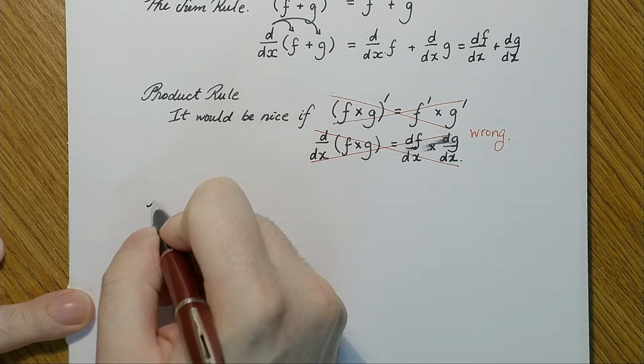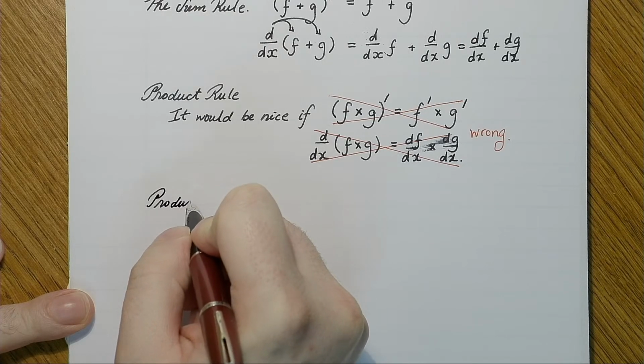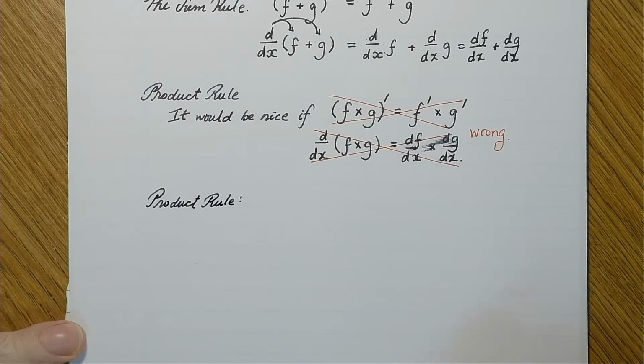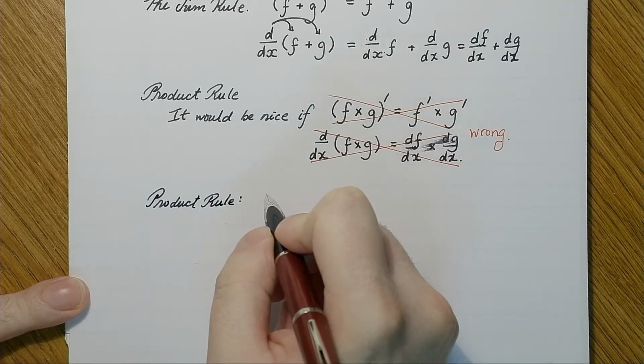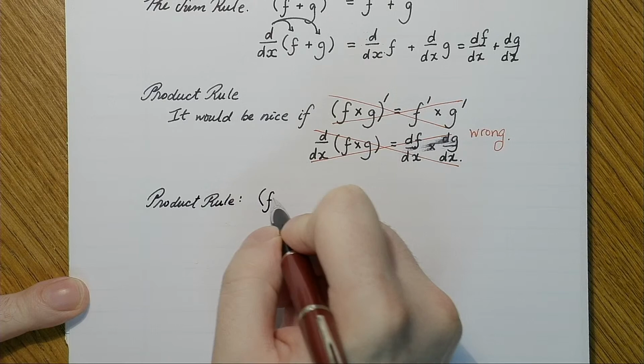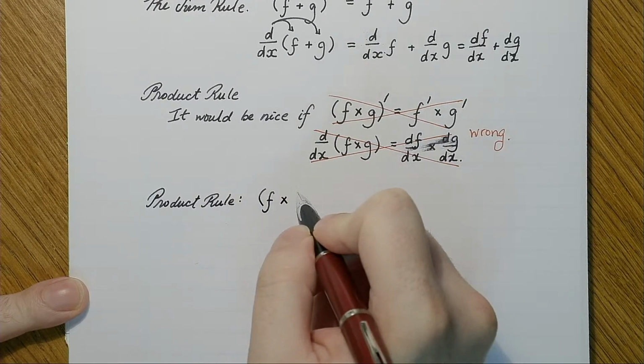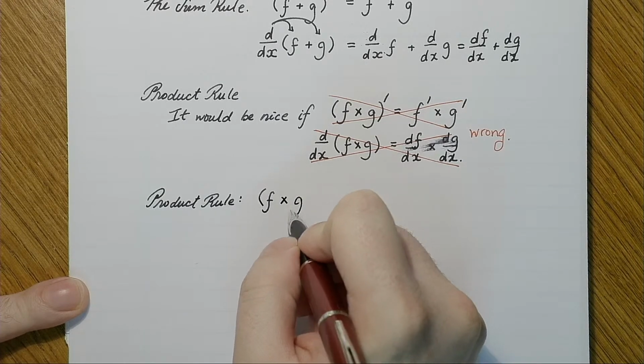The rule is: if I have a function f, and I use x for that, times g.